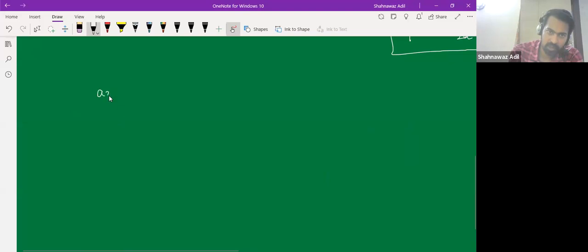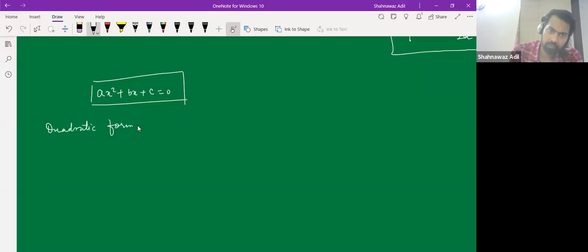This is a quadratic equation, and we know that from the quadratic formula, the solutions of this quadratic equation, which are alpha and beta, because the degree of this quadratic equation is 2, so we will get two solutions.